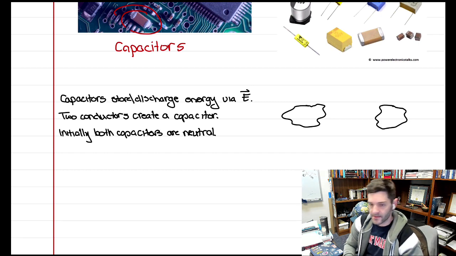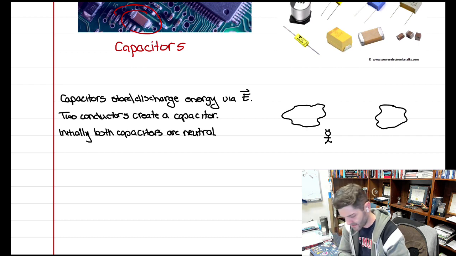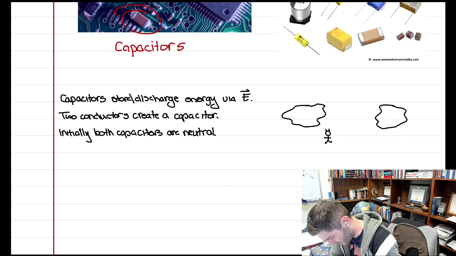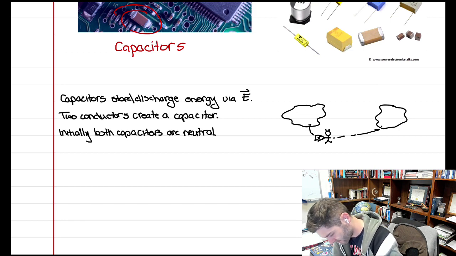And there's a small little demon who goes to one of the conductors and nabs electrons, takes electrons off one of the conductors, transports them, and deposits them on the other conductor.